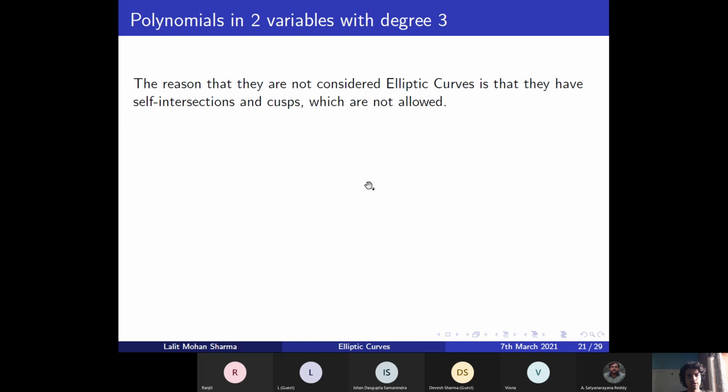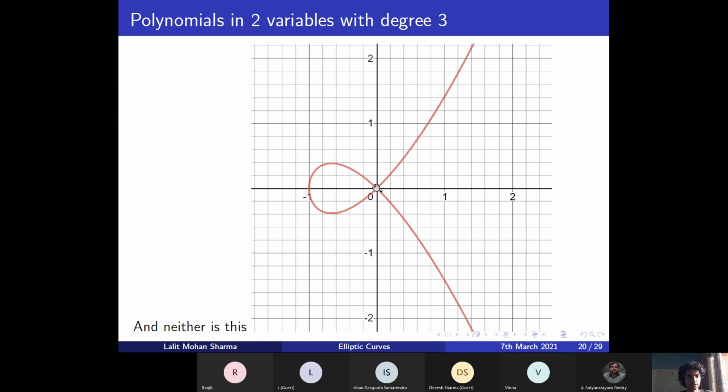So for example, if you have this curve, can someone guess what the equation of this curve would be from the geometry? It's intersecting the x-axis at -1 and 0. Can someone guess what the equation of this would be in Weierstrass form? Yes, y square is equal to x into x plus 1.